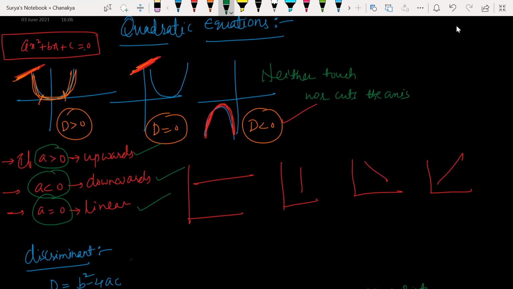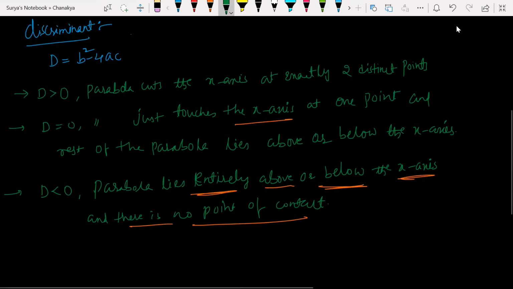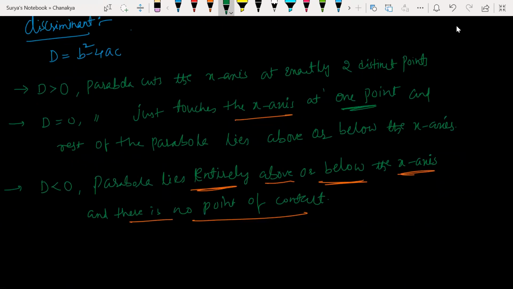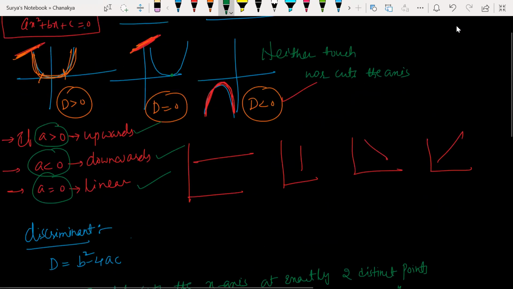And if it is equal to 0, it touches only at 1 point, right? It just touches the x-axis at 1 point. If it is greater than 0, it touches exactly at 2 distinct points, at 2 different points like this. Getting my point? On the x-axis only it touches 2 points like this.